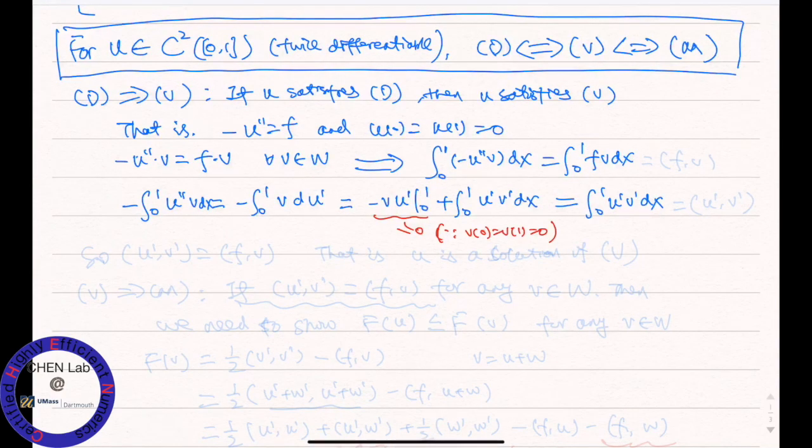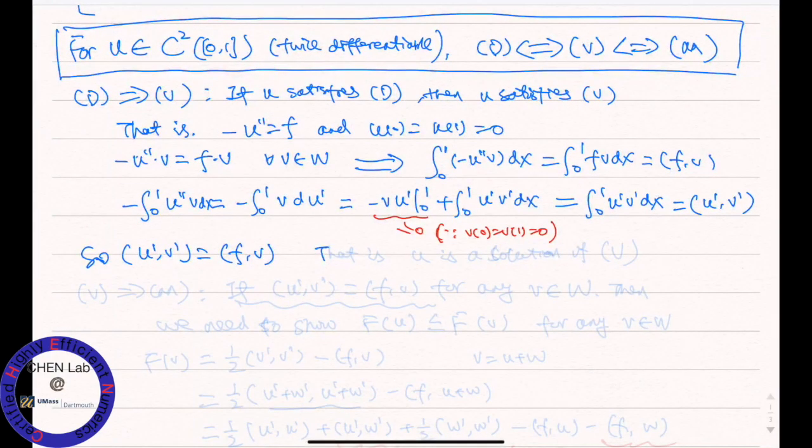So by our parenthesis notation, this is parenthesis u prime v prime, and what we had above, the right hand side f times v, that's parenthesis fv. So we have just proved that parenthesis u prime v prime is equal to parenthesis fv.